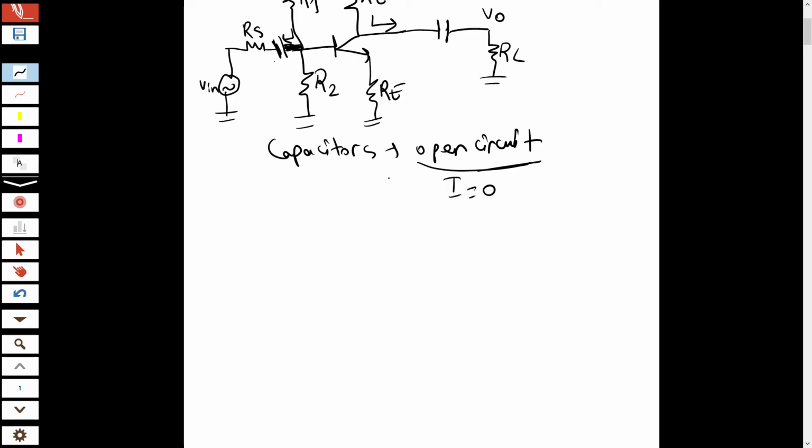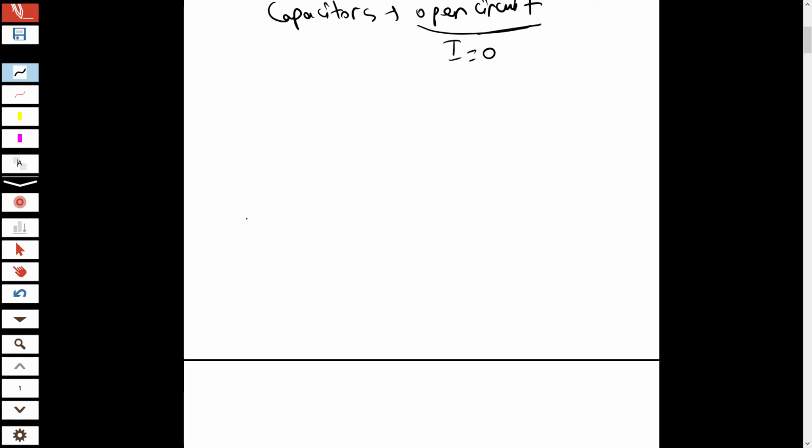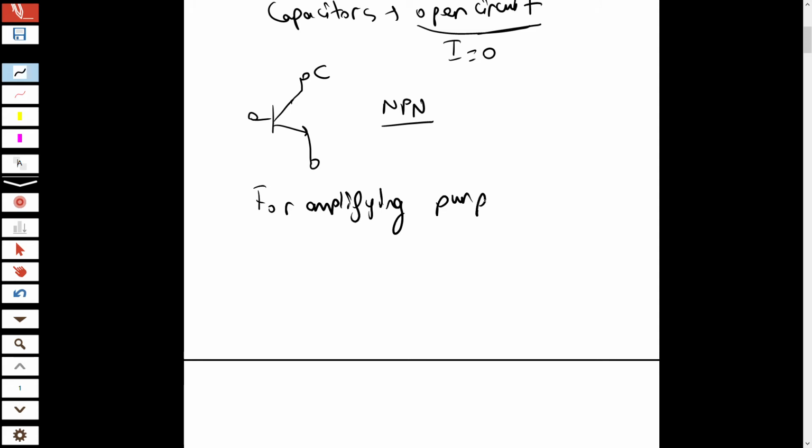So, at the very basics, a BJT is a transistor. Here this is NPN type BJT, collector at the higher potential for amplifying purpose. Be careful, for amplifying purpose we use BJT in active mode.